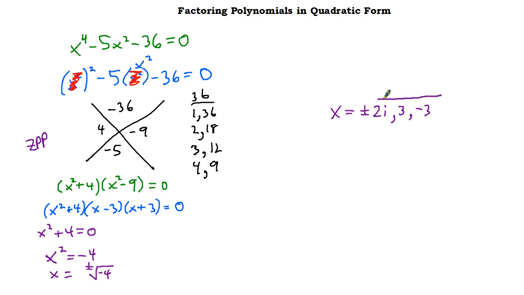I want to point out to you that we have solved by taking our fourth degree polynomial, putting it in quadratic form, and using the techniques that we learned long ago to factor quadratics. The other thing that's kind of cool is since this guy is a fourth degree polynomial, I want to remind you that we should expect to get 4 roots. Now, they don't all have to be real, but we should expect 4 roots or solutions.